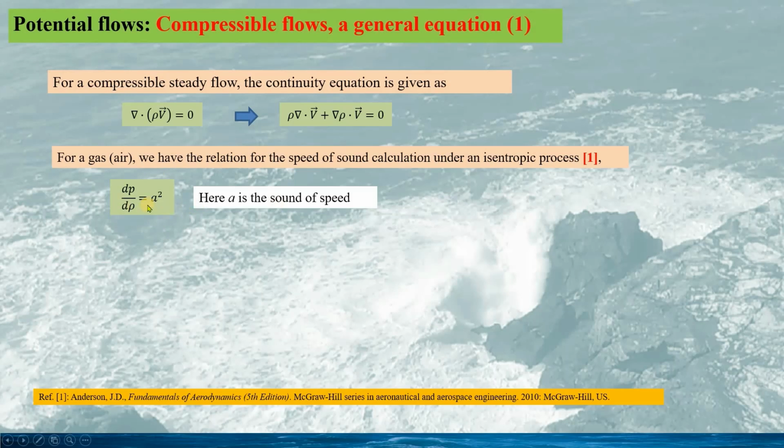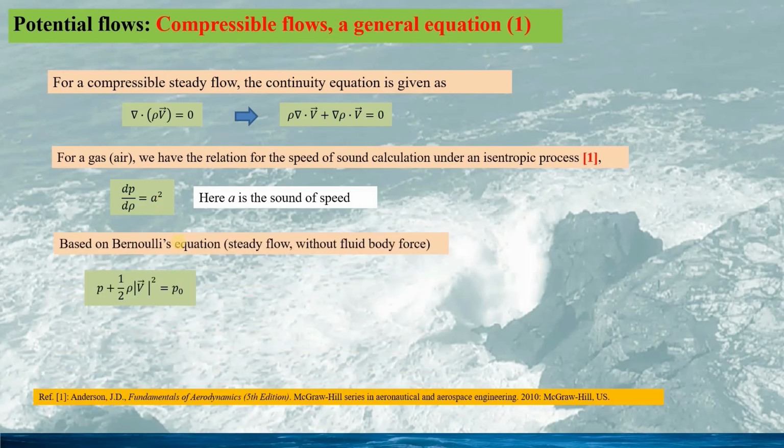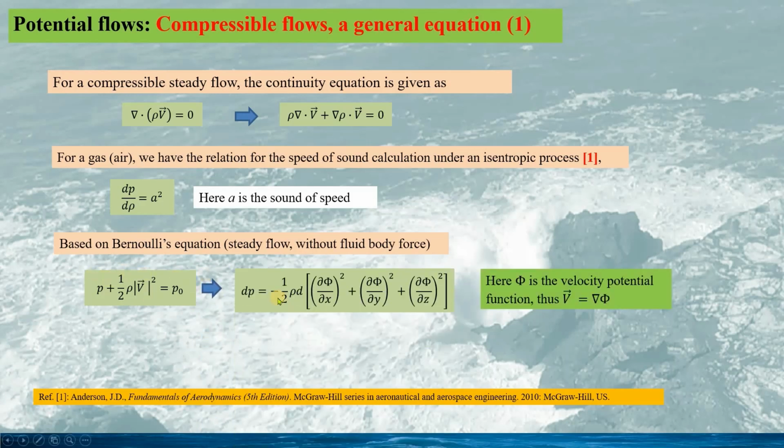Here, P is the pressure, rho is the density of the air, and a is the speed of sound. Now, we can use Bernoulli's equation for steady flow, and we drop the body force here. Bernoulli's equation is given by this expression. So we can calculate dP given as this.